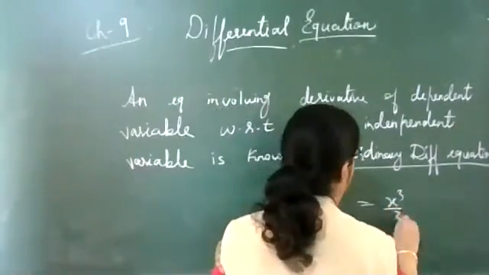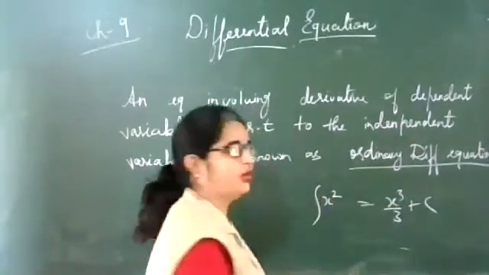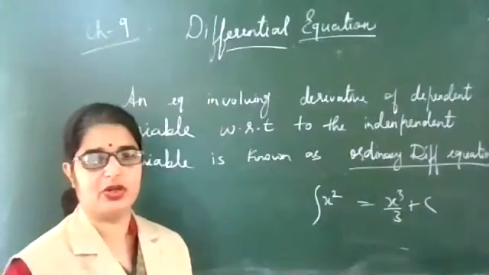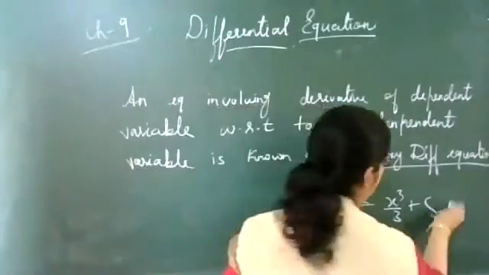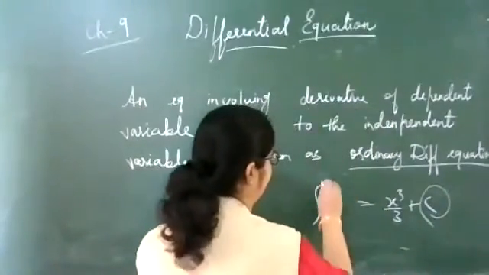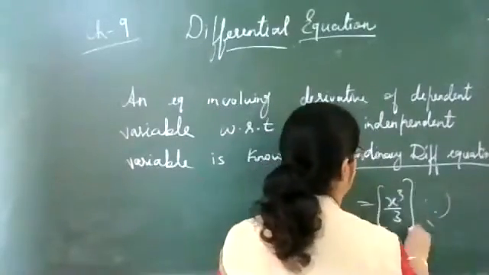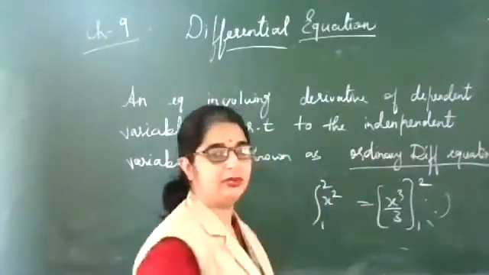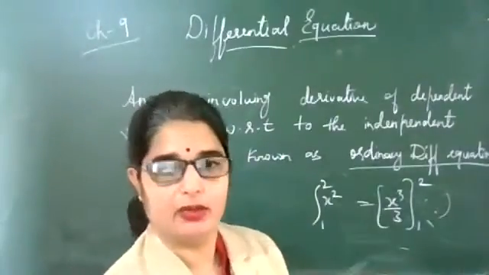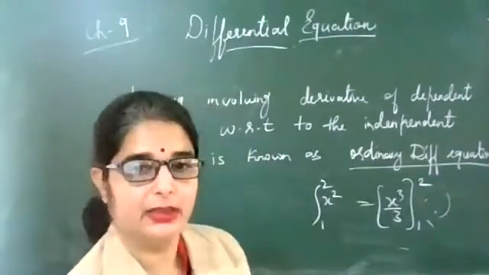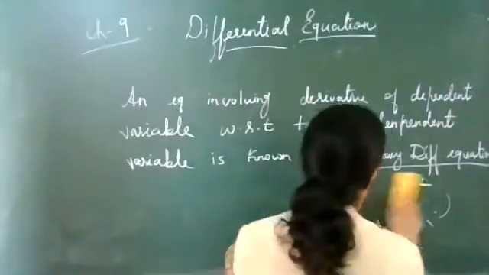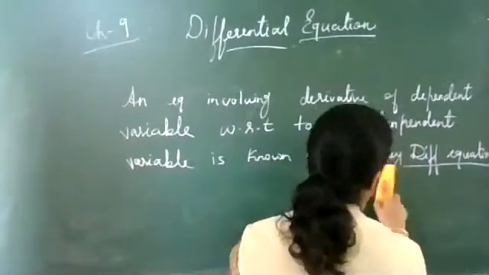X cubed by 3 plus c. So this is a general solution. And as soon as I put a value of the constant, suppose I put the limit 1, I will get a particular solution. That means it will not involve any constants. Is that clear?